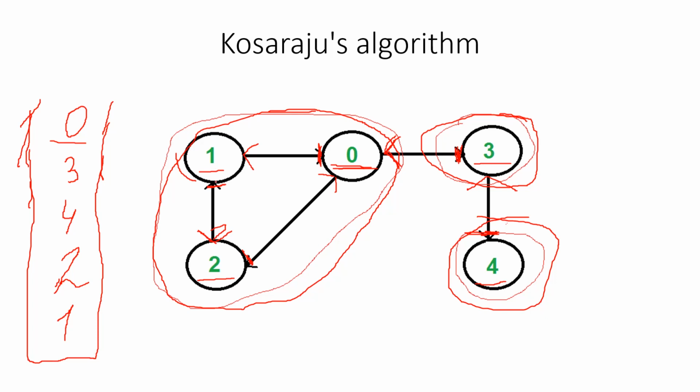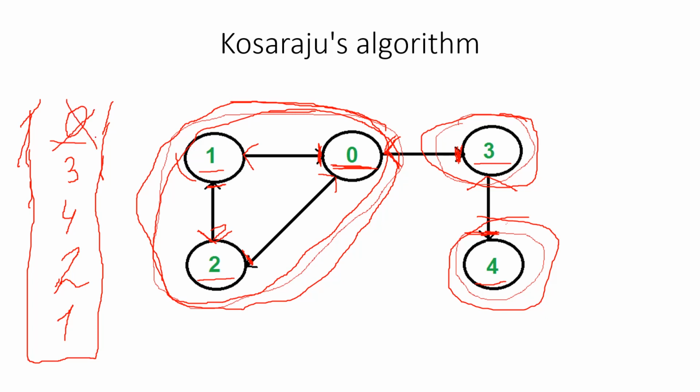From 1, it goes to 2. From 2, it goes to 0. So we go back to 0. That's it, it means that we visited it. Because we go back to 0, it means that 0, 1, 2 are a strongly connected component. So we remove 0, right?